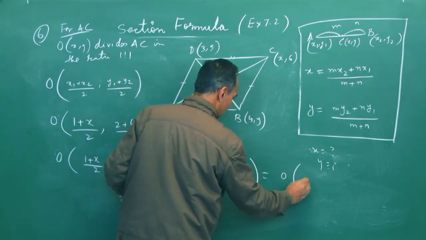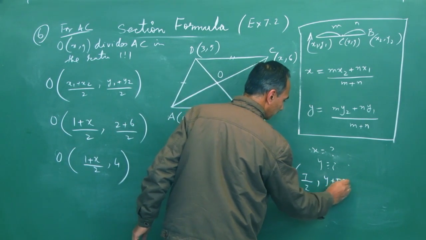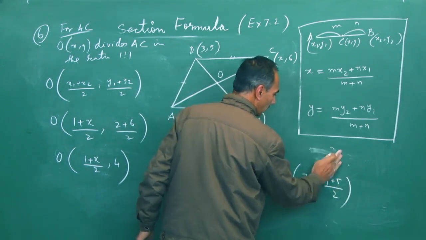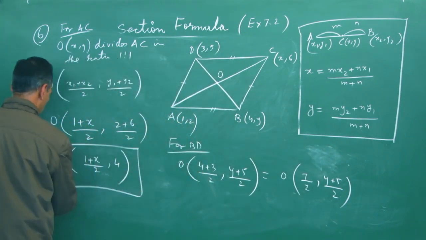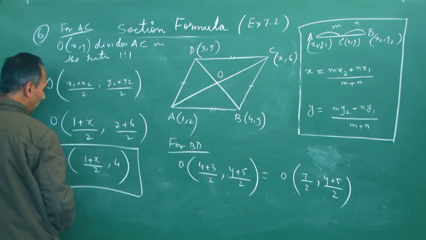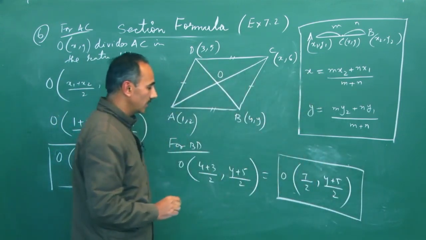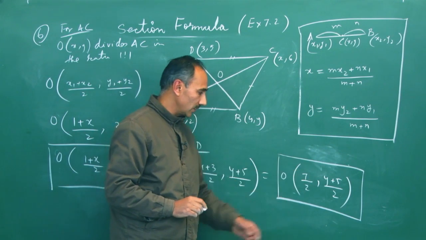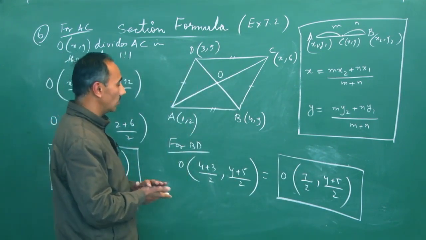That means O is 7 upon 2, comma y plus 5 upon 2. So you have the coordinates of O as 1 plus x upon 2, comma 4, and again as 7 upon 2, comma y plus 5 upon 2.